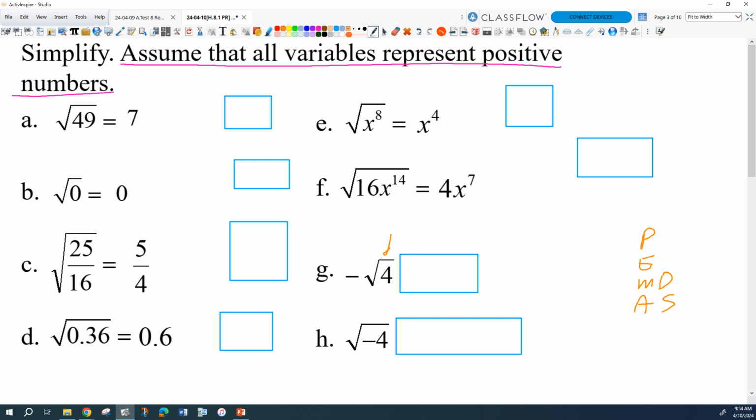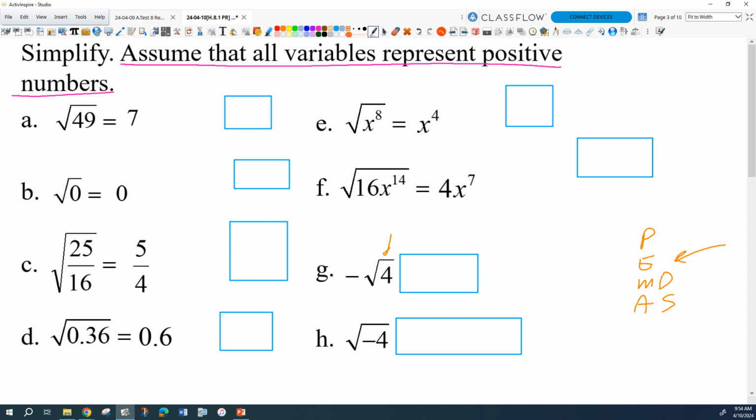E. Yeah, it fits in for E. How come? It's just the reverse of exponent. We'll talk about this, but does anybody know the answer? A radical is the same thing as what kind of an exponent? In general, a fractional exponent.